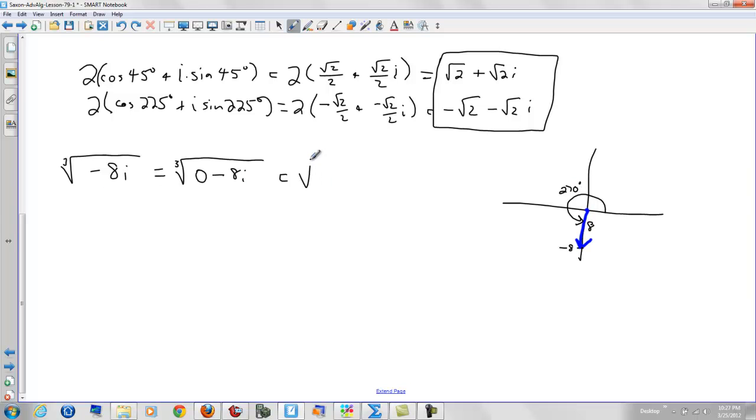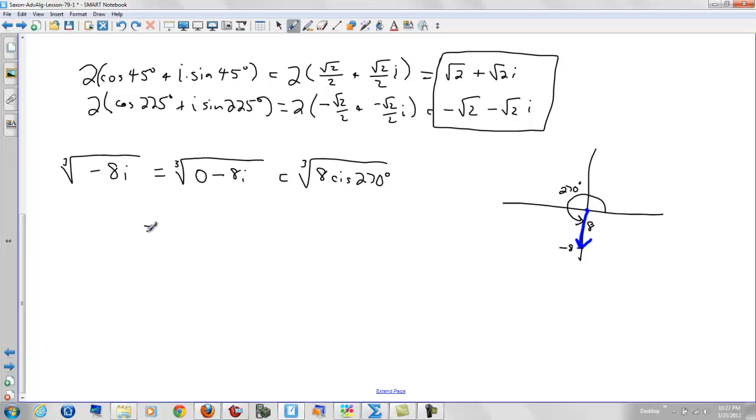So I would write 0 minus 8i as 8 cis 270 degrees. Remembering that when I'm going in the direction of the angle, the radius, the coefficient of the cis, is always a positive number. -8 in front of it in polar means that you're going opposite the angle that you're writing in there.